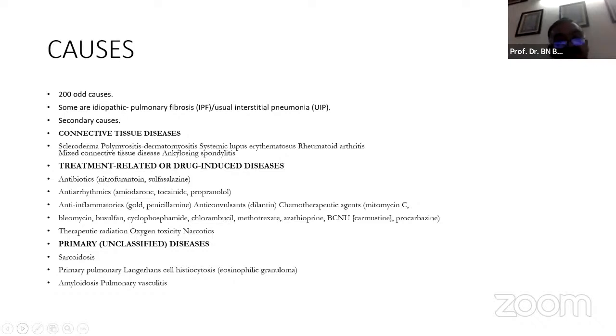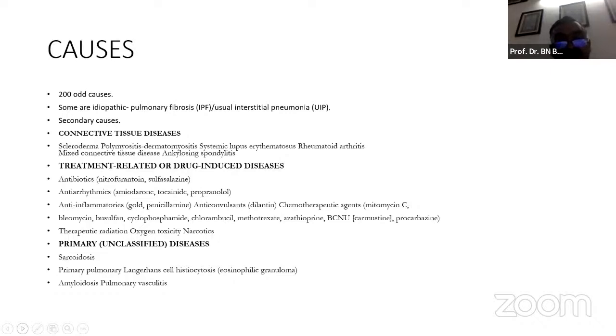Similarly, there are a large number of drugs, including antibiotics like nitrofurantoin, sulfasalazine, then antiarrhythmic drugs like amiodarone, tocainide, then propranolol, anti-inflammatory drugs like gold, penicillamine. Penicillamine, you all know, can cause constrictive bronchiolitis. Then chlorambucil, methotrexate, azathioprine, carbamazepine, chlorpheniramine, and antineoplastic drugs can all result in interstitial fibrosis.